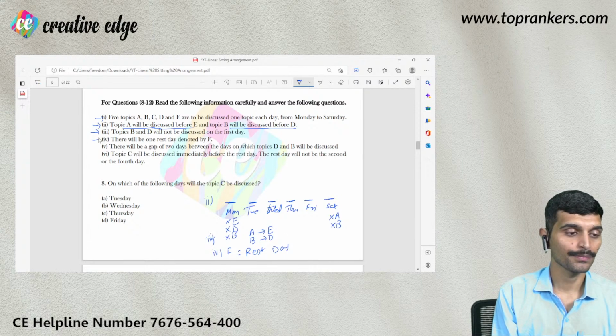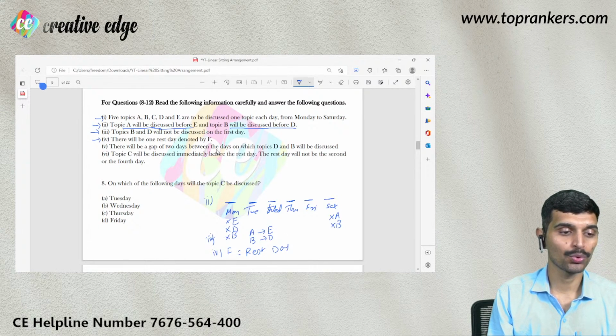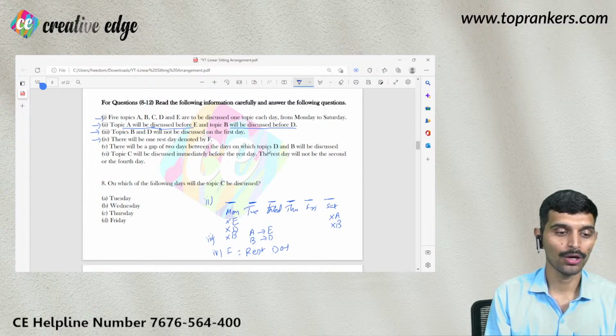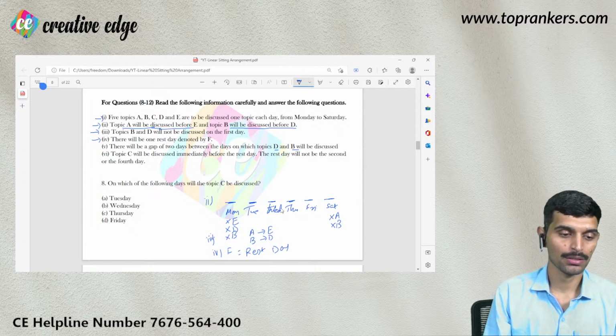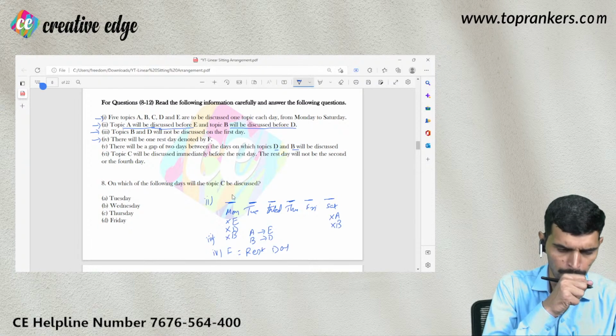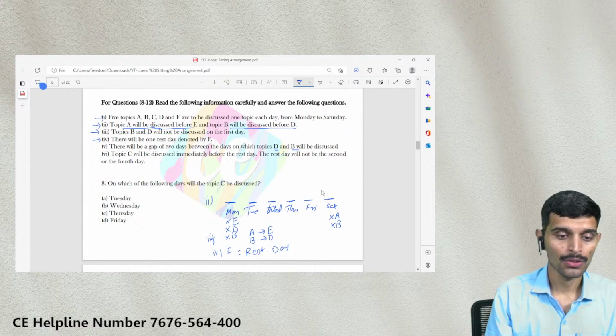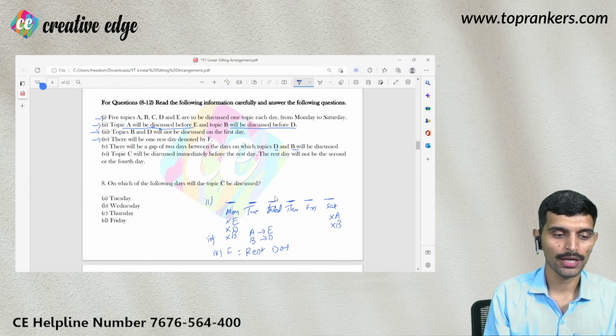Next clue is there will be a gap of 2 days between the day on which topic D and topic B will be discussed. So if B is discussed on Tuesday, D will be discussed after 2 days, that is, D will be discussed on Friday.